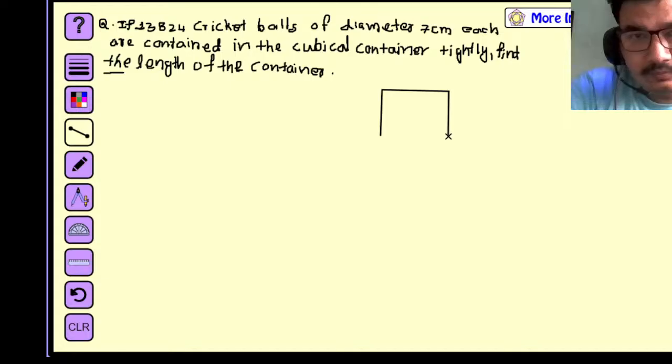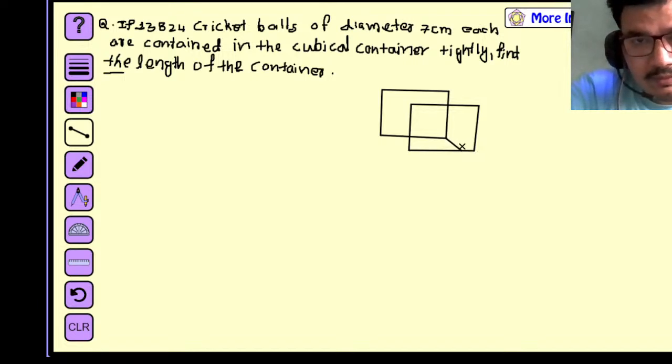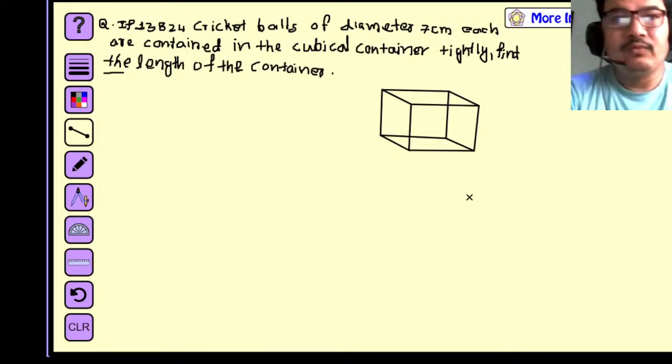Suppose this is one cubical container, right? This is one cubical container, right?